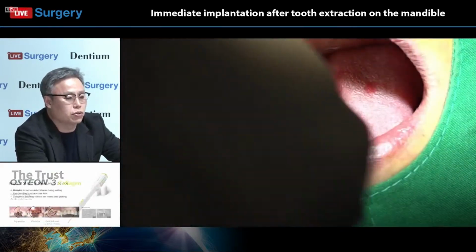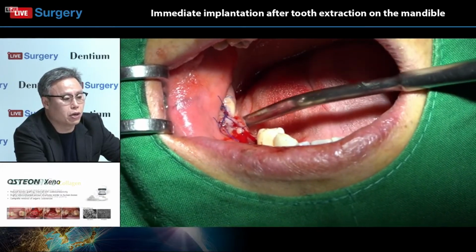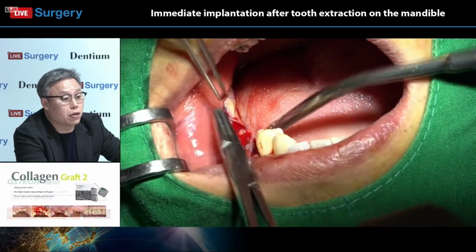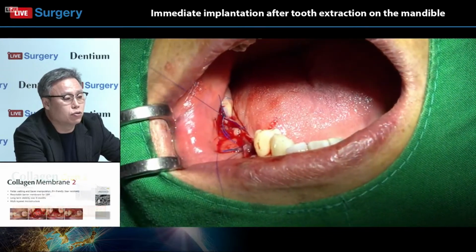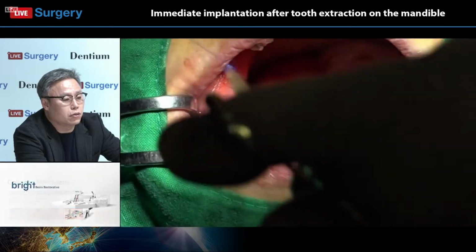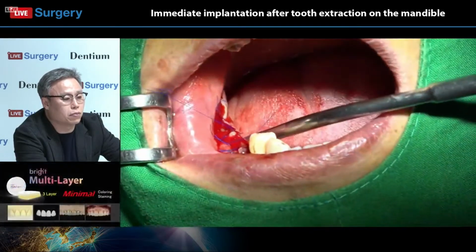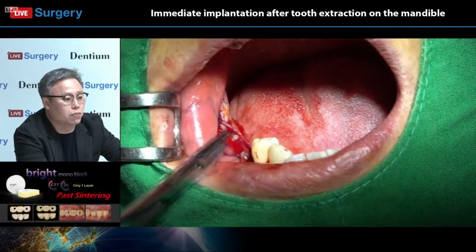It's recommended to use another layer of collagen matrix to minimize the exposure of the membrane. For this case, I think he successfully got the primary closure with the flap advancement and by applying two layers of membrane, because Dr. Lee probably wants to prevent membrane exposure or healing abutment exposure during the healing procedure.